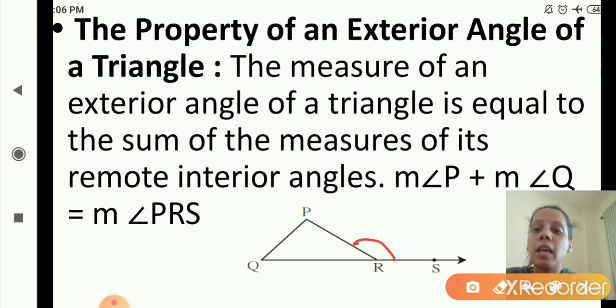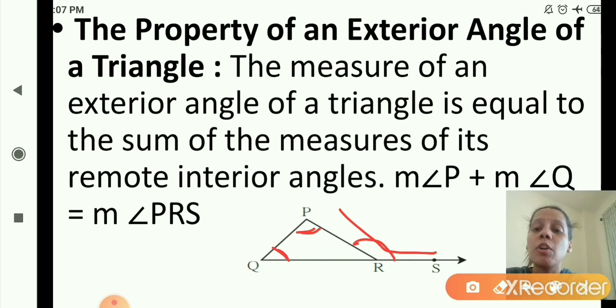This is angle PRS, which is an exterior angle of triangle PQR, correct? And angle P and angle Q are the remote interior angles of an exterior angle PRS, correct? So angle P and angle Q are the remote interior angles.